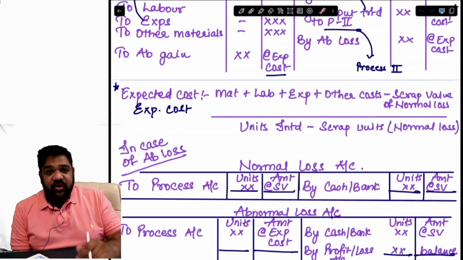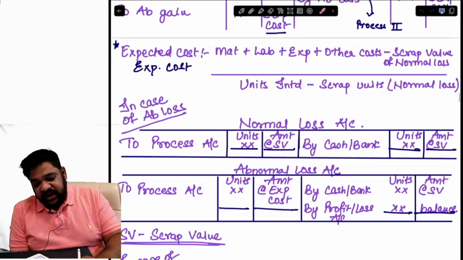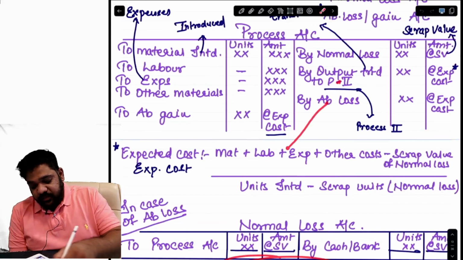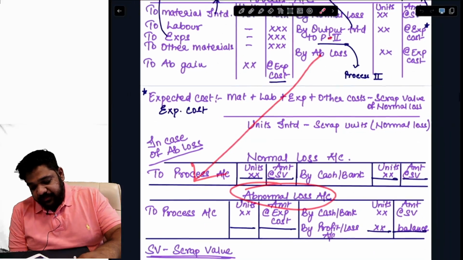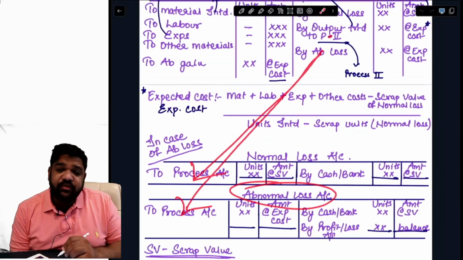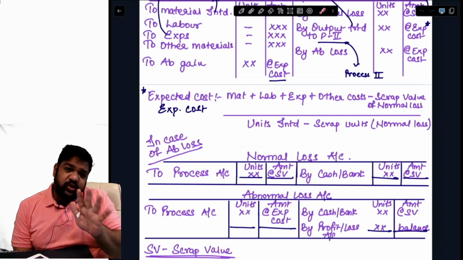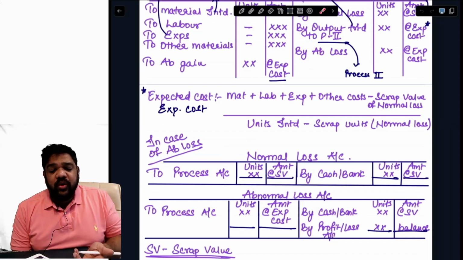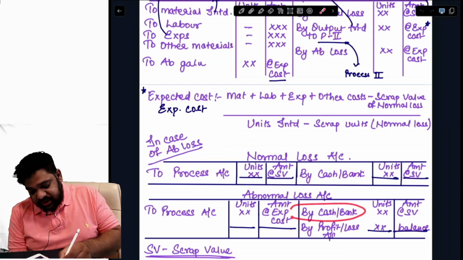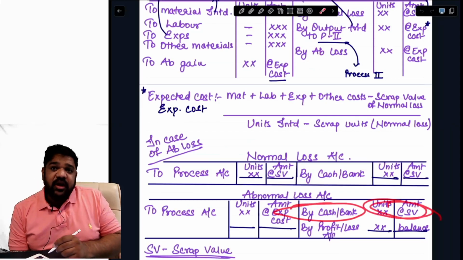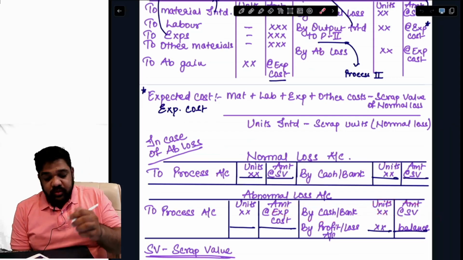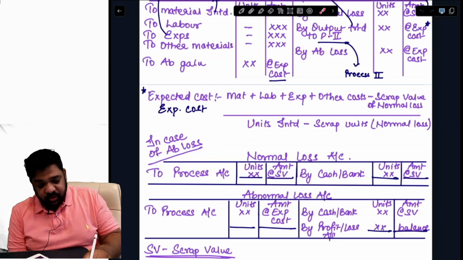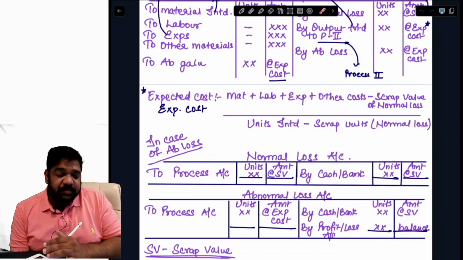Now, on the next account, that is your abnormal loss account, you'll have one entry coming from the process account. These units have also gone bad. These are also useless. If they are useless, what do you do? You just sell them off and collect cash. You will collect scrap value. So you will get the units from the process account, that is your abnormal loss, and you will collect cash by selling them.